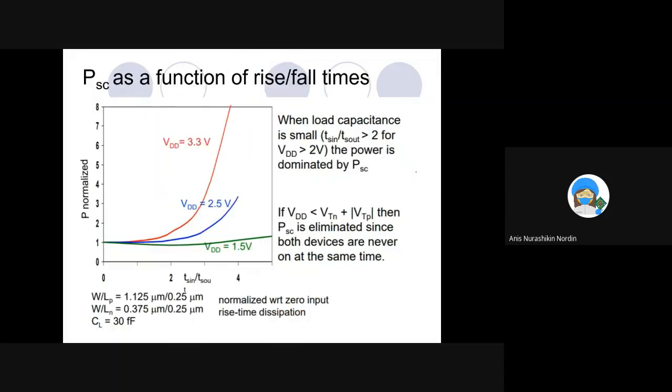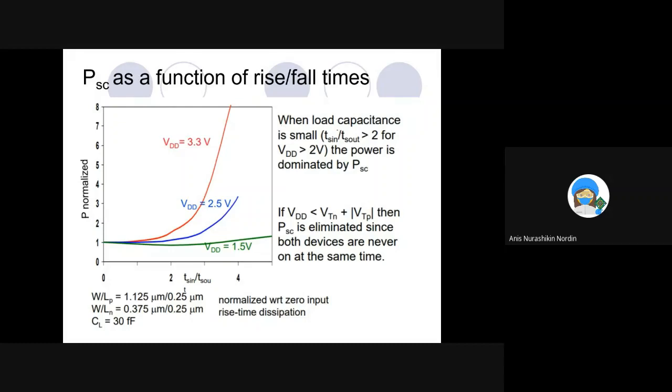All right. So now P short circuit as a function of rise and fall time. Right? So as you can see, look at the graph. When the VDD is high, VDD is 3.3, the power is high. When VDD is reduced, the power is reduced. Okay? So as you reduce the VDD, you can see that the normalized power will be reduced.